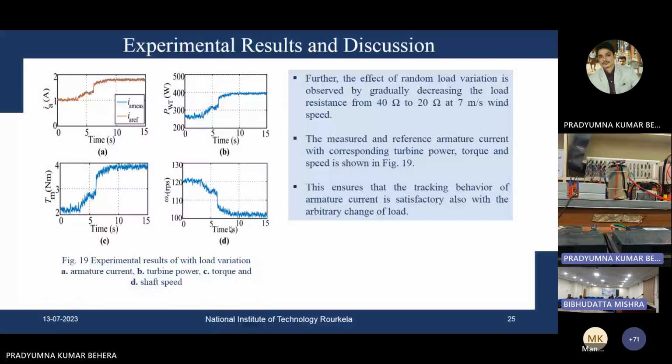The measured armature and the reference current along with the corresponding turbine power, torque and speed are provided here. We can see that the measured armature current is tracking properly with the reference current, and this basically ensures the tracking behavior of armature current is found to be satisfactory, also with the arbitrary change in load.